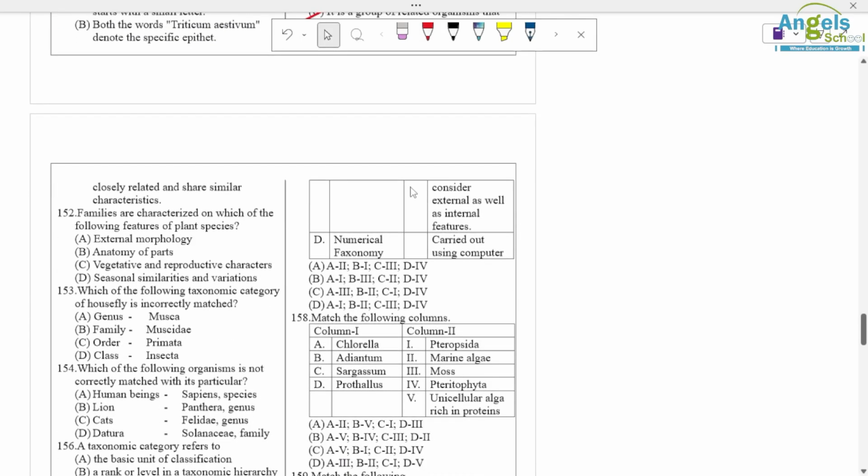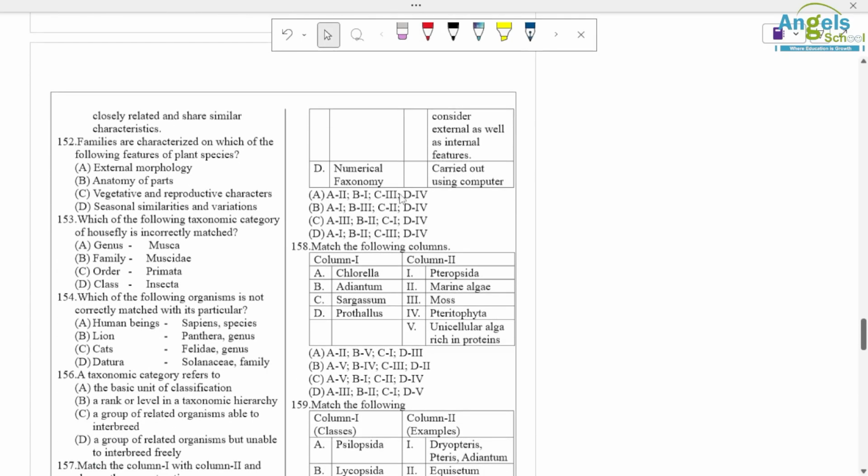Question number 152. Families are characteristic of which of the following features of the plant species? So families are on the basis of vegetative and reproductive characteristics. Option C is correct.